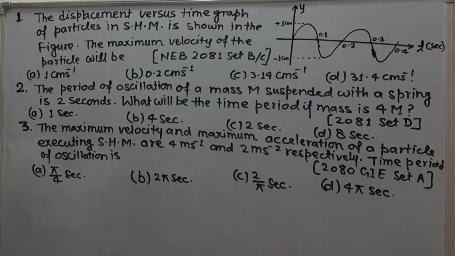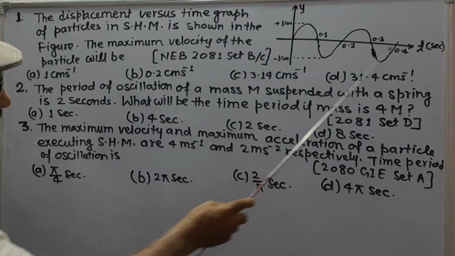Now first question. The displacement versus time graph of a particle in simple harmonic motion is shown in the figure. The maximum velocity of the particle will be. This is the graph between displacement and time.